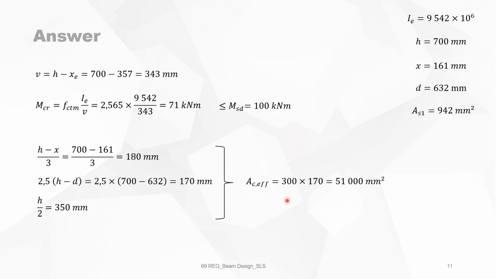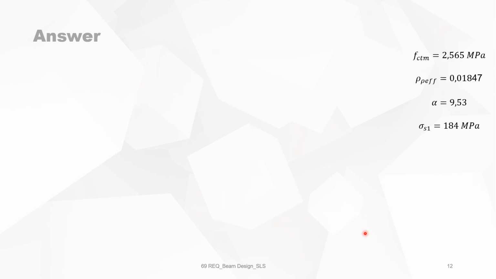So AC effective is the width times HC effective, and gives you 51,000 square millimeters. The reinforcement ratio is then the tensile reinforcement divided by the 51,000, which gives you 0.01847.